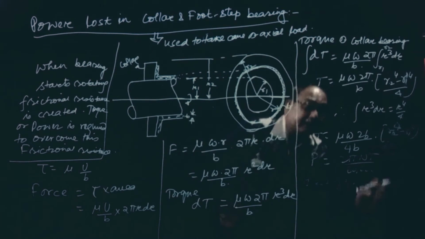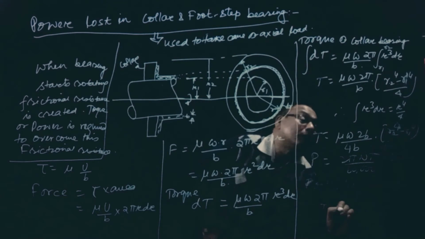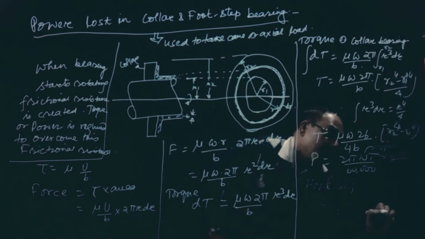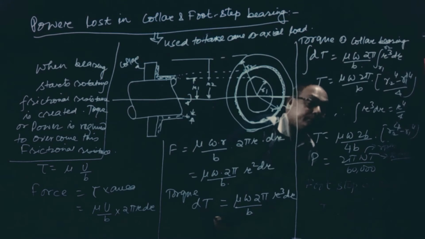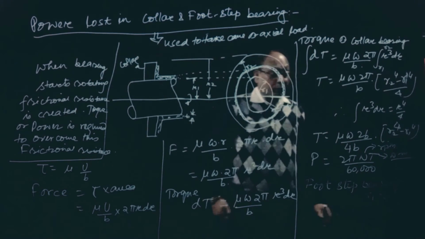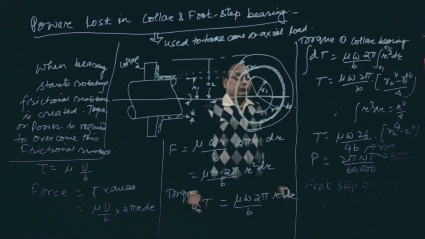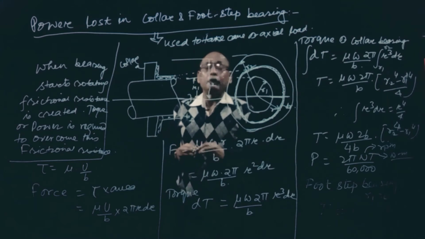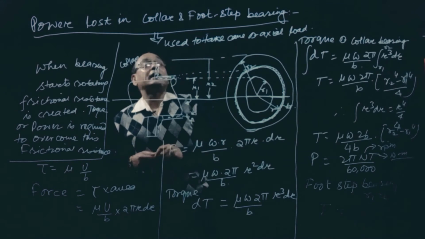So in footstep bearing, torque will be equal to how much? Mu omega 2 pi into r2 to the power 4 divided by 4b. Okay, only this part becomes 0, so that is in footstep bearing. So these are the losses in collar or footstep bearing.